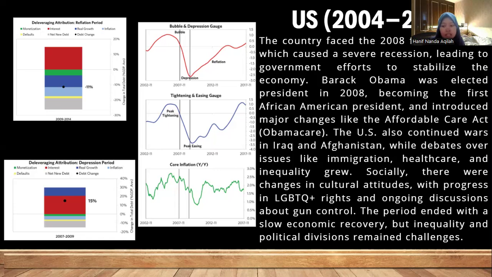The period ended with a slow economic recovery, but inequality and political divisions remained challenges. Socially, there were changes in cultural attitudes, like the progress of LGBTQ plus rights and ongoing discussions about gun control. It's kind of the freedom, like freely cultural.